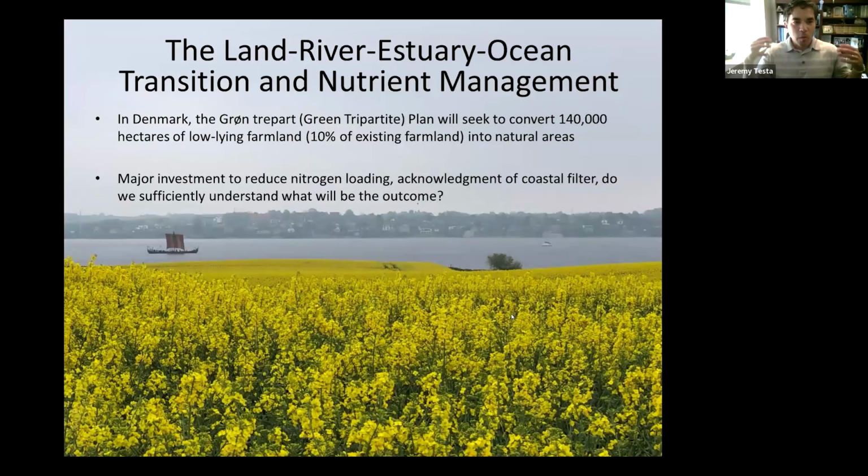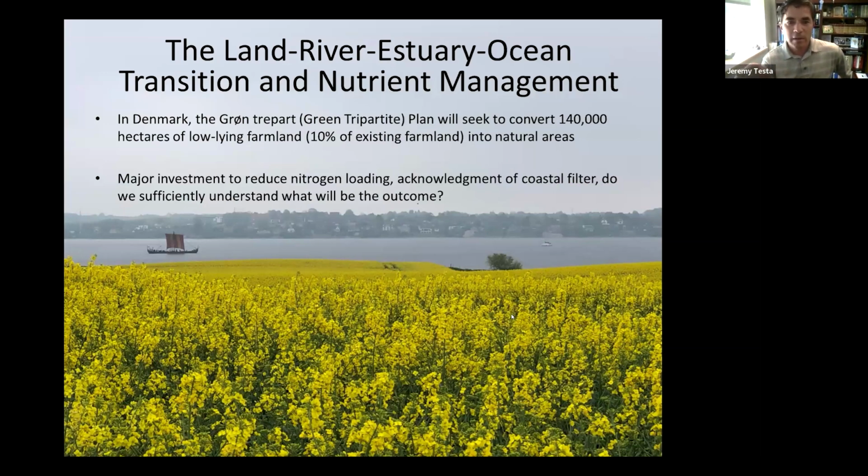What got me thinking about this is that I did my sabbatical in Denmark last year, and last November, maybe some of you know, the Danish government passed this green legislation. They called it the Green Tripartite, which is the English version of the word, but it's a pretty ambitious environmental plan.